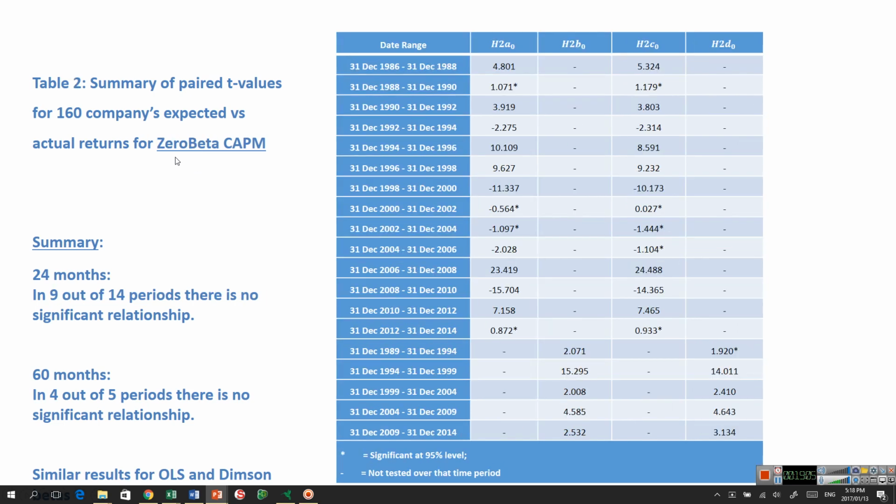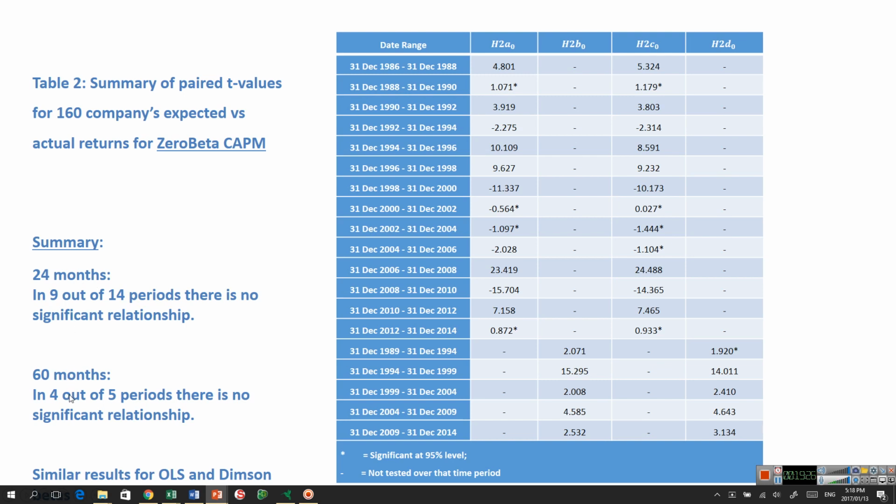Now we repeat this. This time we're using a zero beta CAPM, as I explained earlier. And once again, we've got our data down here, same sort of thing. And again, just summarizing here, in 9 out of 14 periods, we find there's no significant relationship. That's using the 24-month constructions.